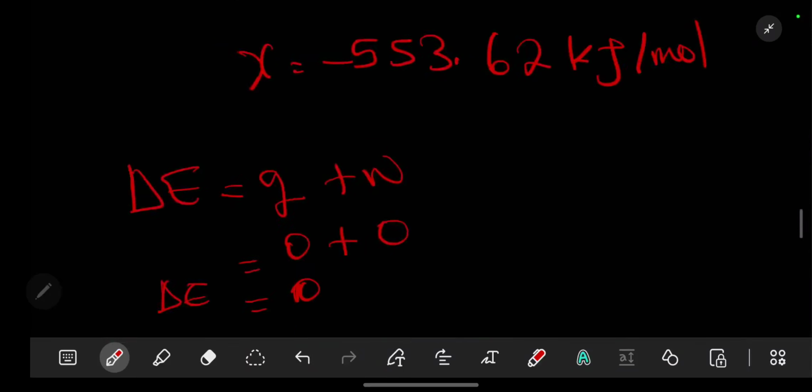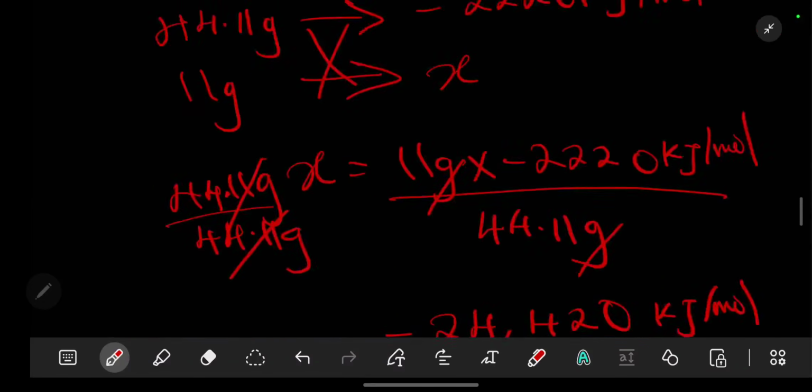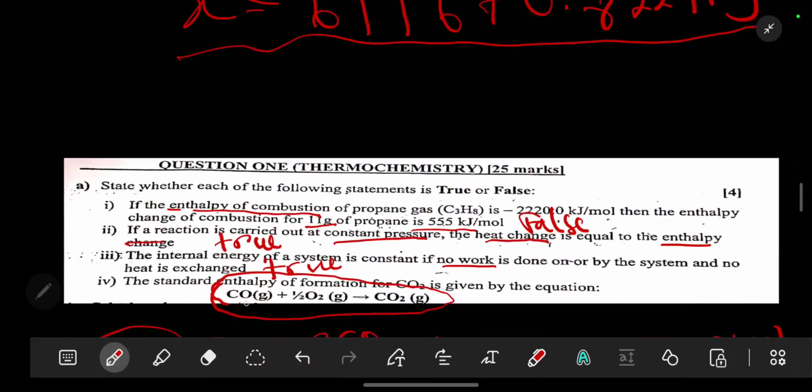Now if you look at this equation, we have carbon monoxide. Carbon monoxide is not the standard state of carbon. It's carbon plus the oxygen, which will then produce one more. That's why they are balancing by a half there. So everything is correct except the carbon monoxide. So this statement is false.